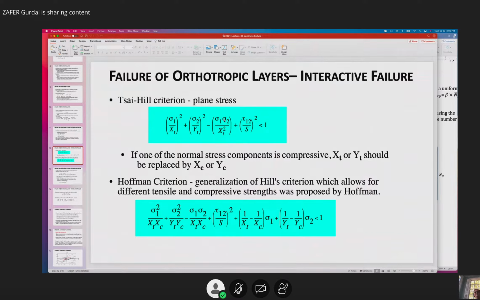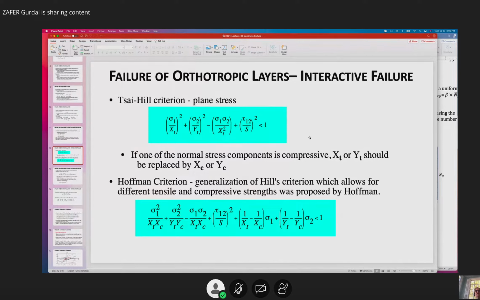And depending on one of these, instead of XT squared, you may want to use X1 tension, X2, and write this XT times XT and change the X value depending on the sigma values that you see here.